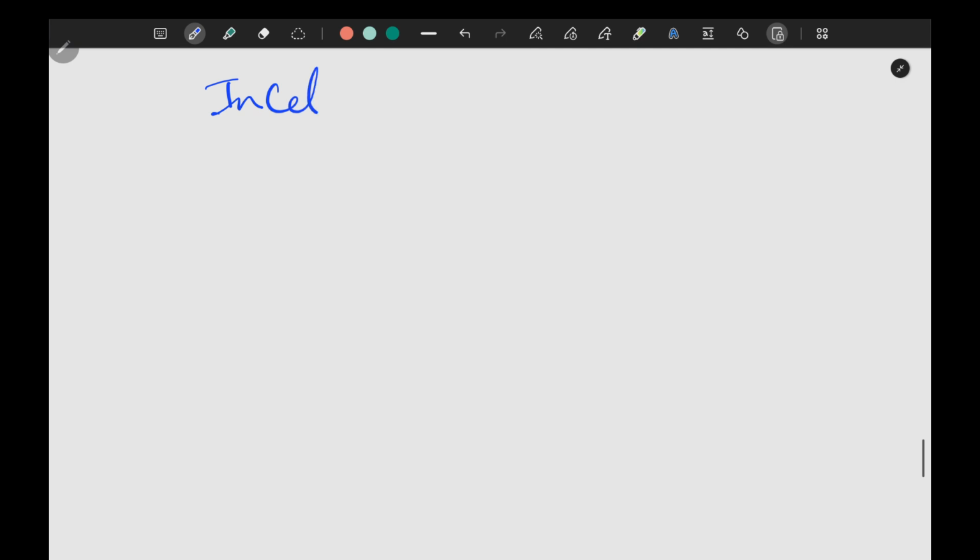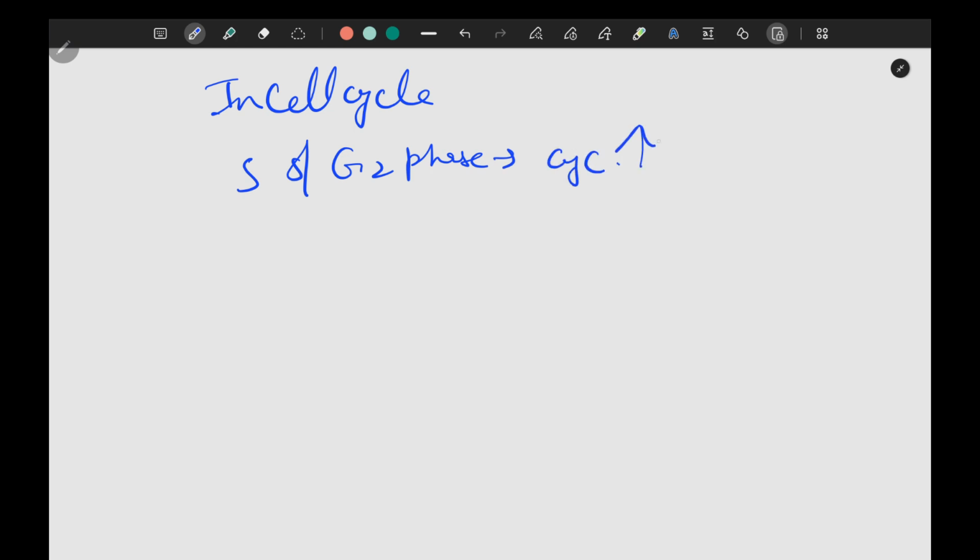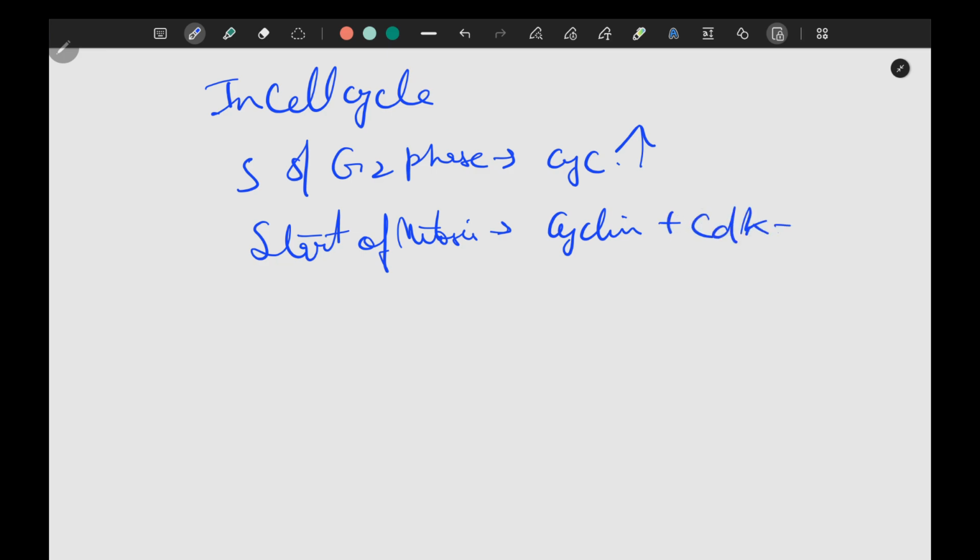In S phase and G2 phase, cyclins rise, and this leads to the start of mitosis. Cyclin plus CDK gives high MPF activity.